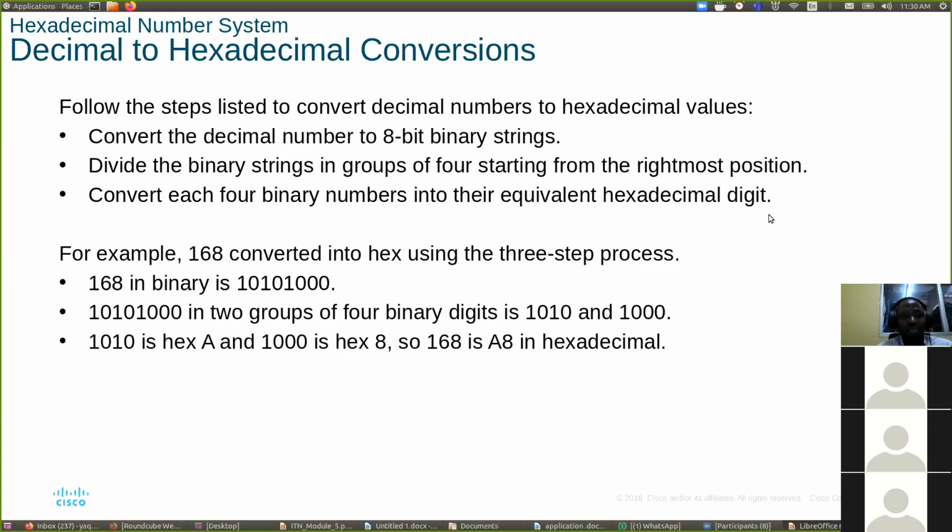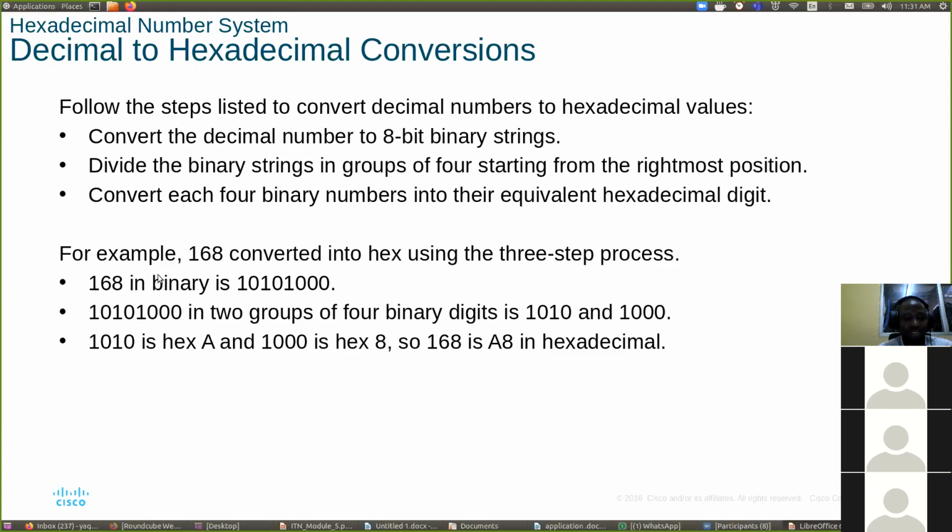First, you take the decimal value and convert it to 8-bit binary. After converting it, you group the binary string into 4s, starting from the rightmost one. Each 4-bit binary group is equivalent to a hexadecimal digit.